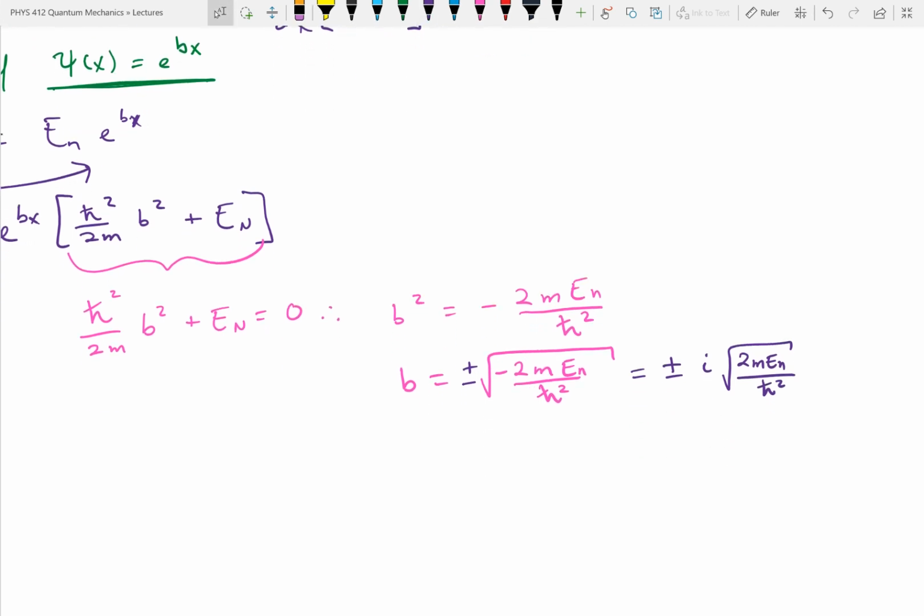So now I found two values for b. I have b plus is equal to i square root of 2m E n over h bar squared, and b minus is equal to minus i square root of 2m E n over h bar squared.